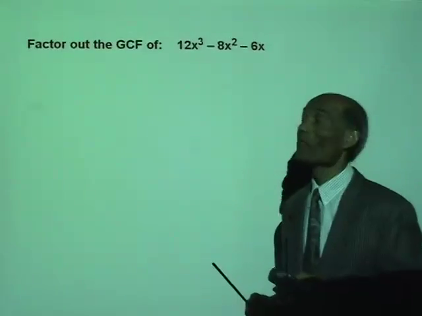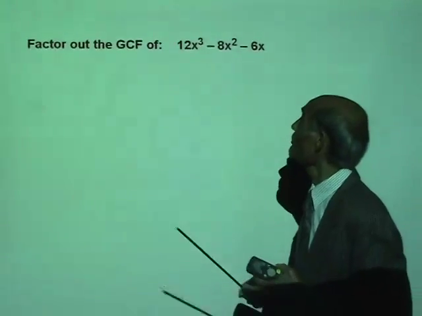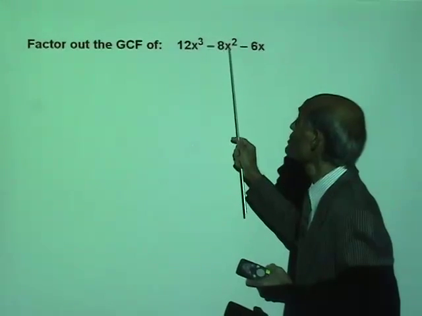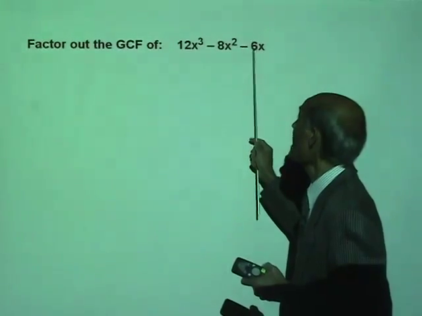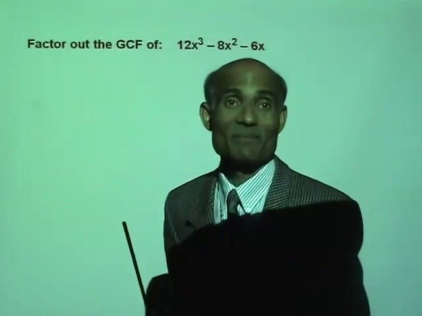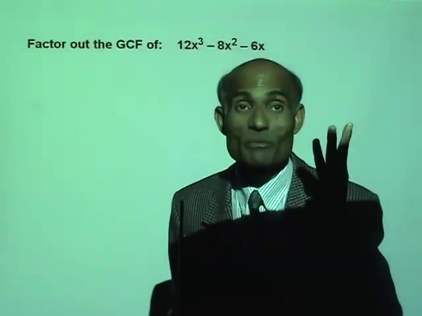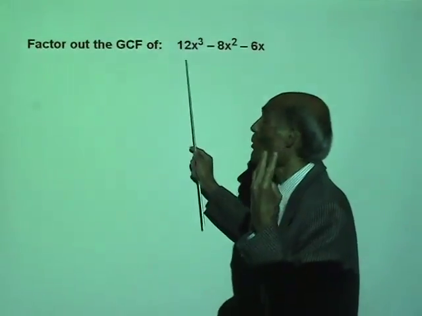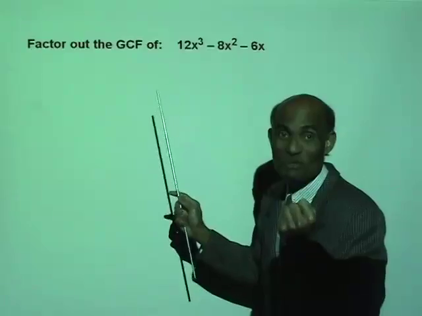Another one. Factor out the GCF of 12x cubed minus 8x squared minus 6x. How many terms are there? There are 3 terms. Now what are the 3 terms? The first term is positive 12x cubed.